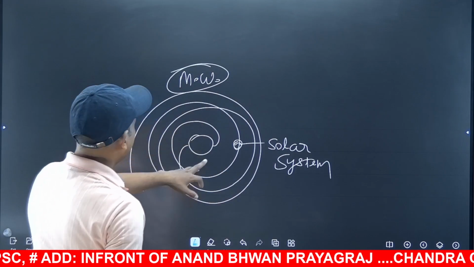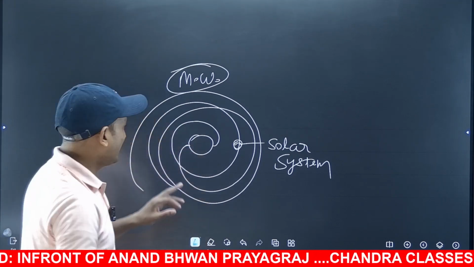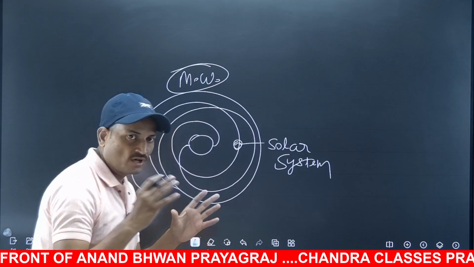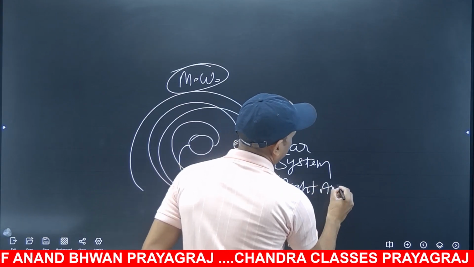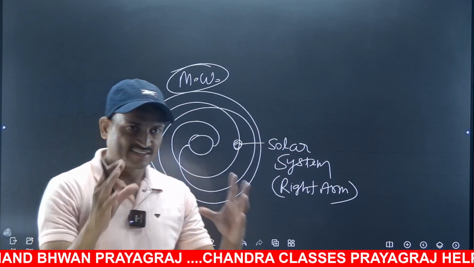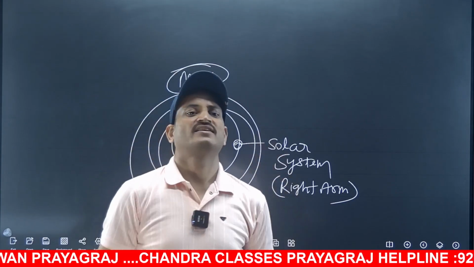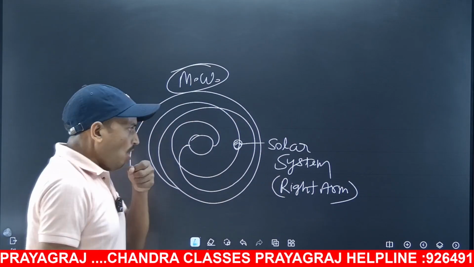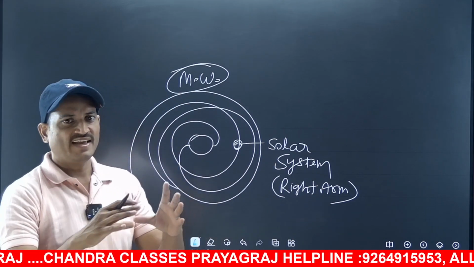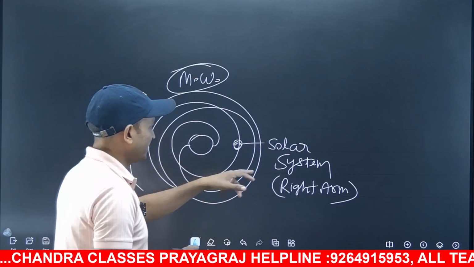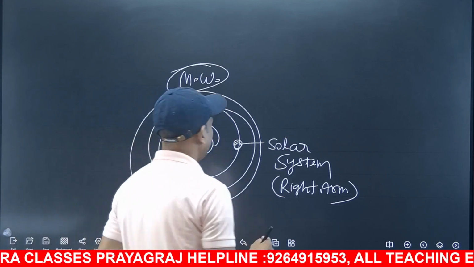Our Milky Way galaxy has two arms, and our sun, meaning our solar system, is situated in the right arm of our galaxy, the Milky Way. What is an arm made of? Various stars and various celestial objects; the arms are made of those, like arm-like structures. So our galaxy Milky Way has a structure with two arms, and our solar system is situated in the right arm of our galaxy Milky Way. So this is also an important fact, and that's why I mentioned it here.